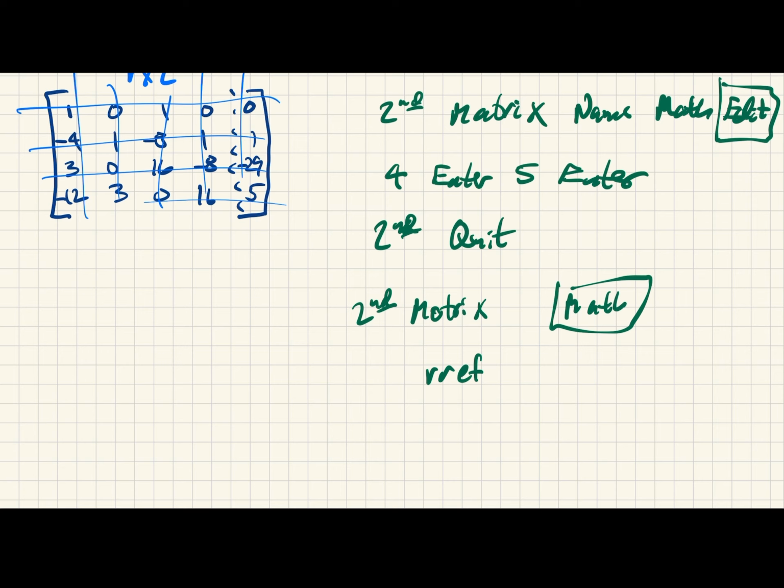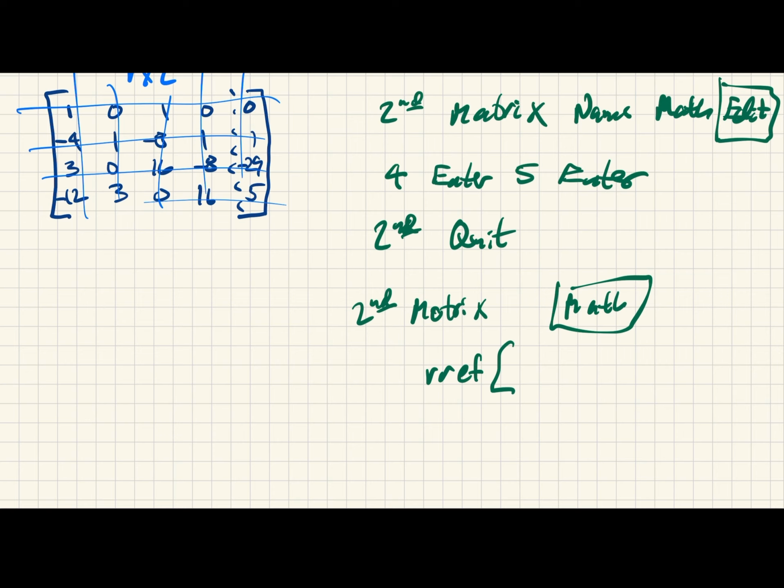Okay. So now what should be on your screen is just RREF, and then an open bracket. It wants to know, what do you want me to do a row echelon form for? Did you put yours in matrix A? Did you just do it in the first one?